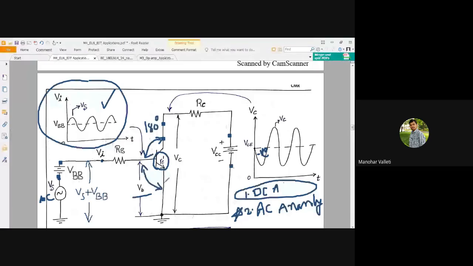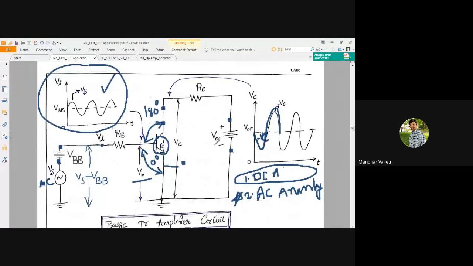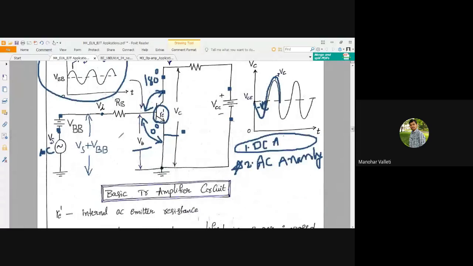And if you put the input at the base and take the output at the emitter, then the phase difference between base and emitter is 0 degrees. So please remember this. Accordingly, you get the output waveform shown here. The output of the amplifier is VC. How you got this waveform, we will see with the help of mathematical analysis.